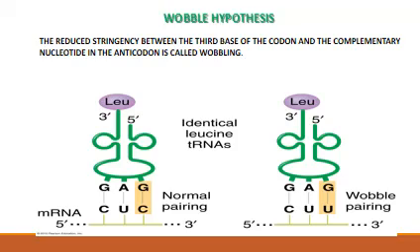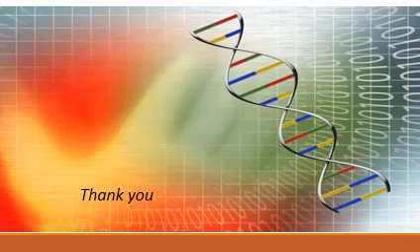Whereas in the second figure, you find that there is a wobble because the third base in the codon is U, and that is base pairing with G. So CUU and CUC of leucine are being recognized by the anticodon GAG, and this explains the wobble hypothesis of Watson and Crick. Thank you.